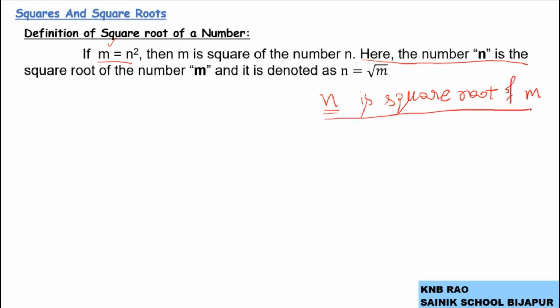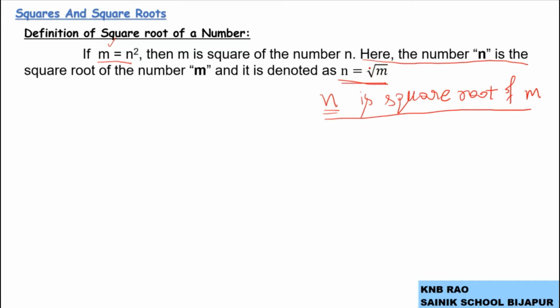So from this simple definition, if m equals n square, then the number n is called the square root of the number m, and in short this is represented this way: n equals square root of m.